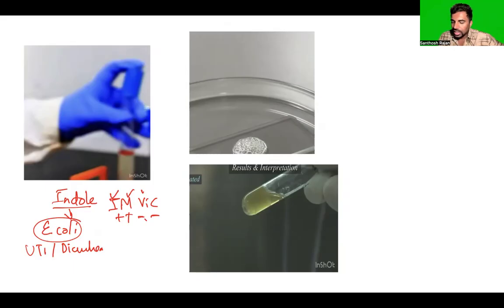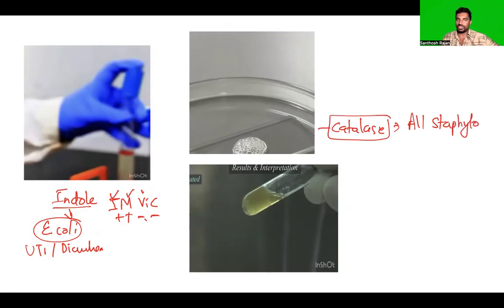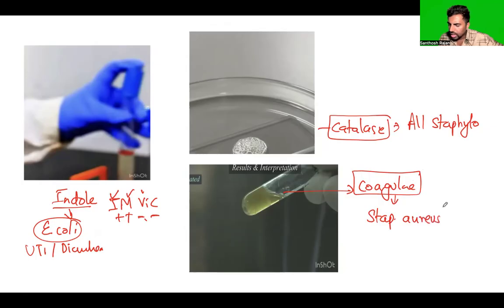And when you see this catalase test, it is positive for all Staphylococcus. All the staffs, I told, all the staffs, they have cat in their house. So that is all Staphylococcus. But when you see this, this is a coagulase test, a tube coagulase test. This coagulase is characteristic only for Staphylococcus aureus, not other Staphylococcus species. It is positive only for Staphylococcus aureus, right? If it is negative, we put it into CONS, coagulase negative Staphylococcus.